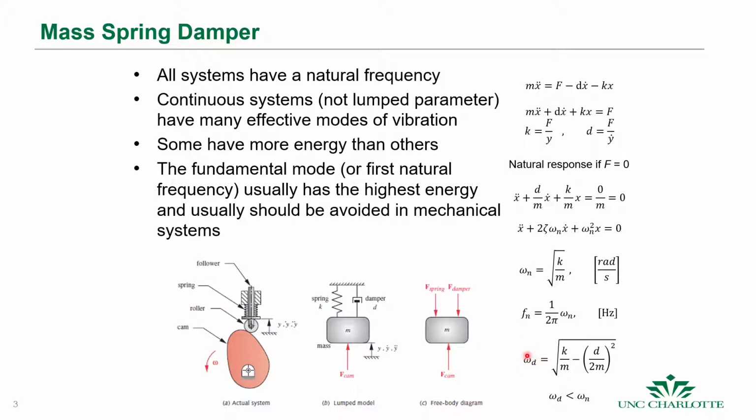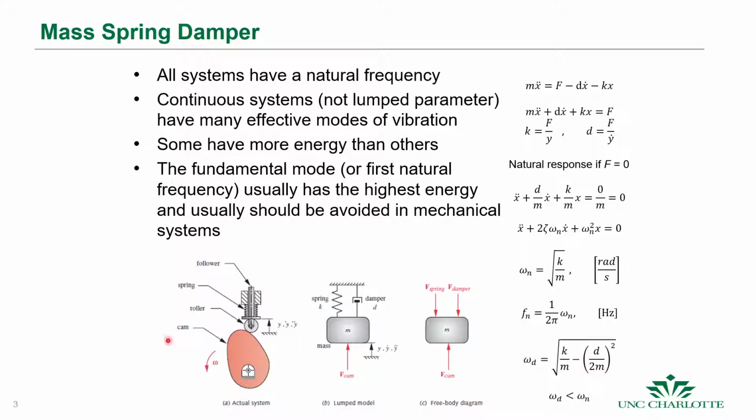When we see the oscillations from a system that has been excited, what we're looking at in the transient response is the damped natural frequency, which is less than the natural frequency, depending on the damping ratio. The damping of the system is how far away it is from the natural frequency.